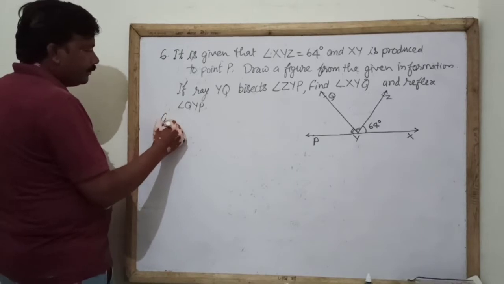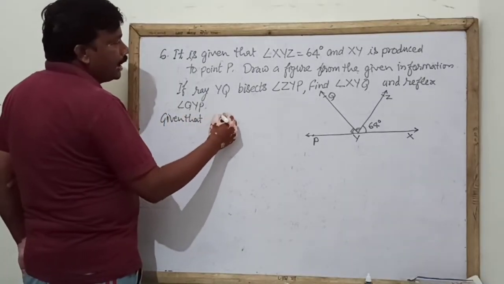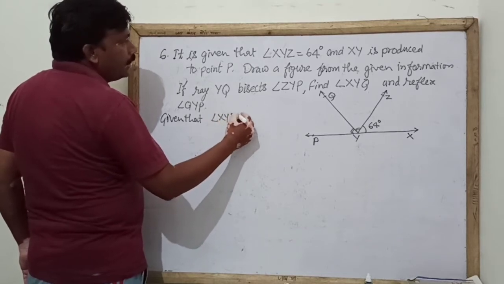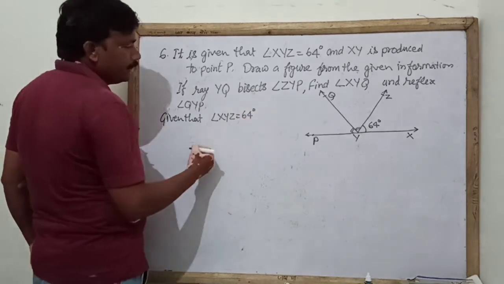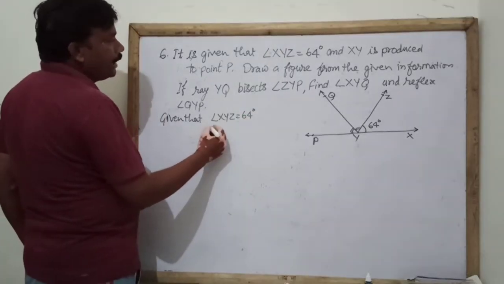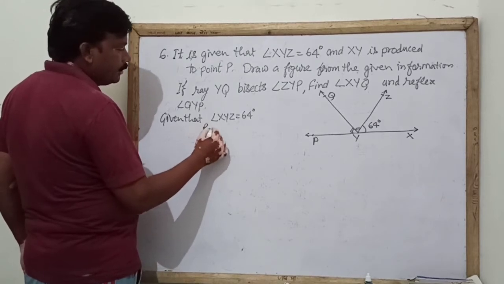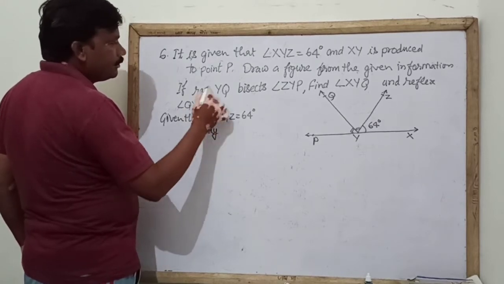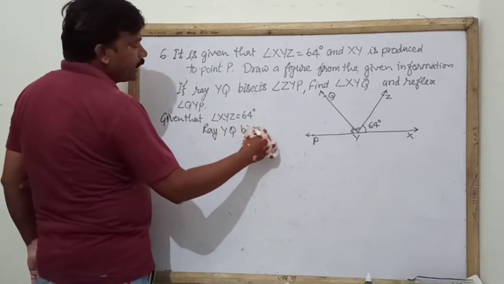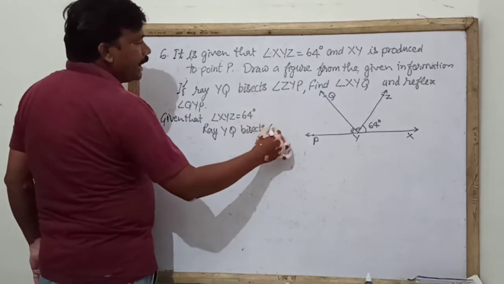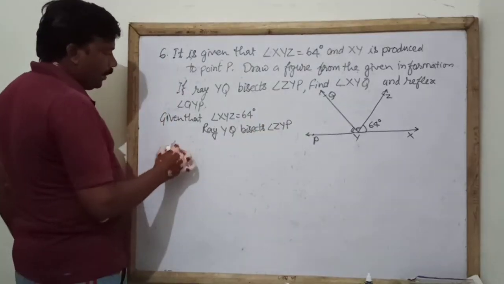Now we can solve it. Given that angle XYZ equals 64 degrees and ray YQ bisects angle ZYP.